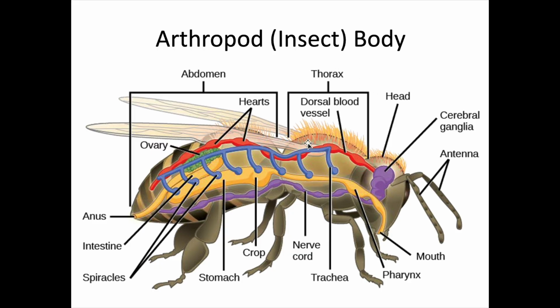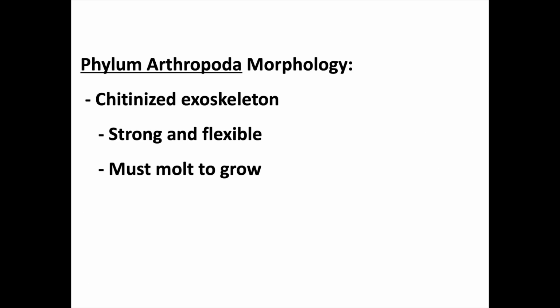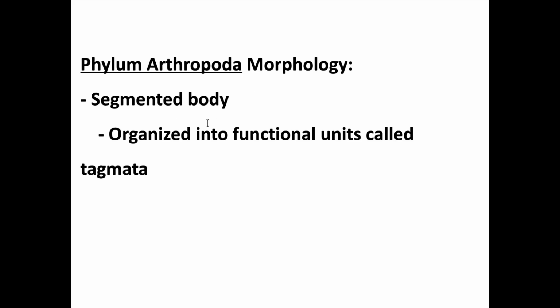Here's a thorax, which is the attachment point for these limbs bearing weight. And here's an abdomen containing the reproductive system and most of the visceral mass. We're going to see slightly different ways to have a segmented body in different arthropods, but this allows for a lot of flexibility.